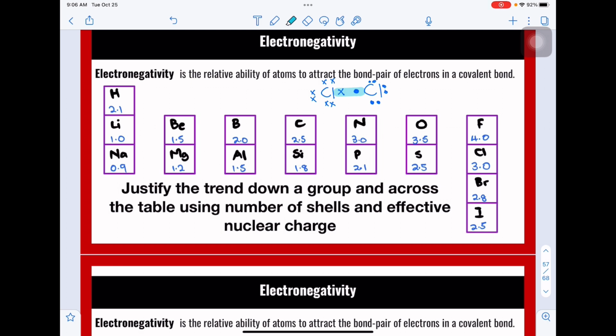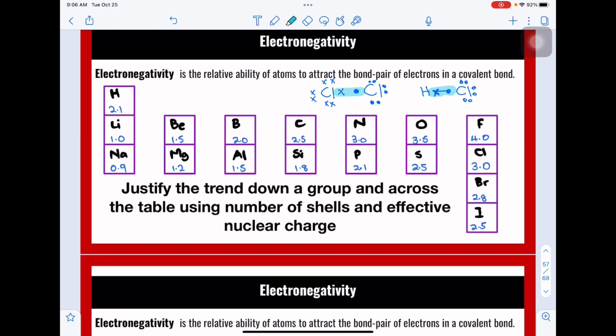right? But imagine if chlorine was sharing with hydrogen. So we have the 7 electrons of chlorine here, and then we have the 1 electron of hydrogen. These two are sharing these 2 electrons. So in this case, the sharing is unequal. The electrons will tend to spend more time next to one atom over the other one.